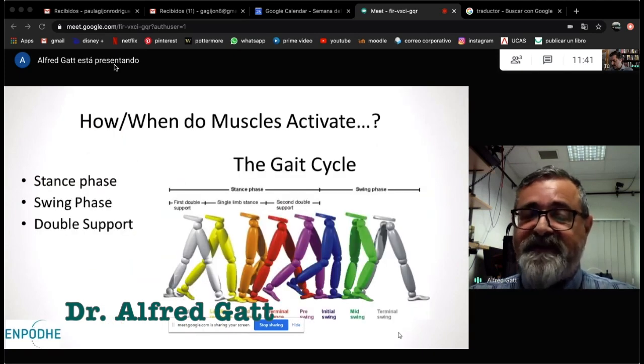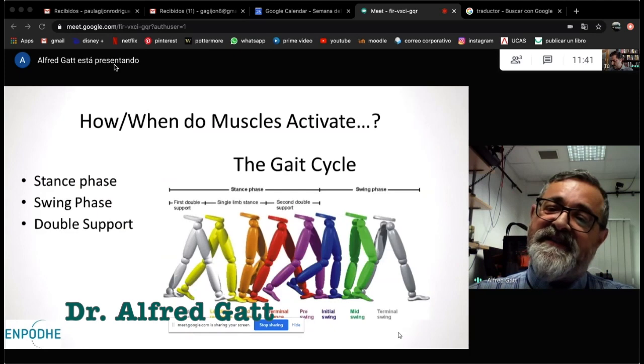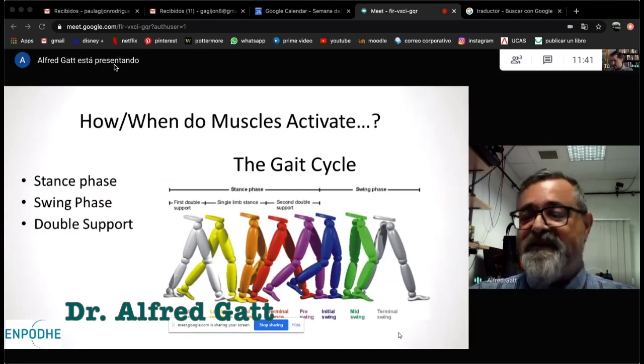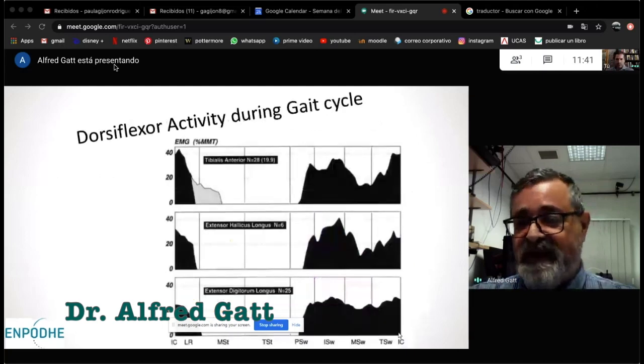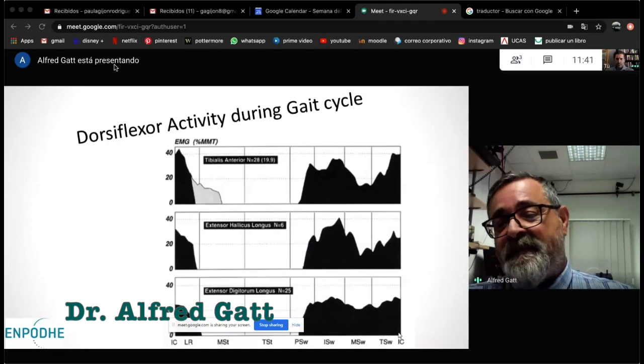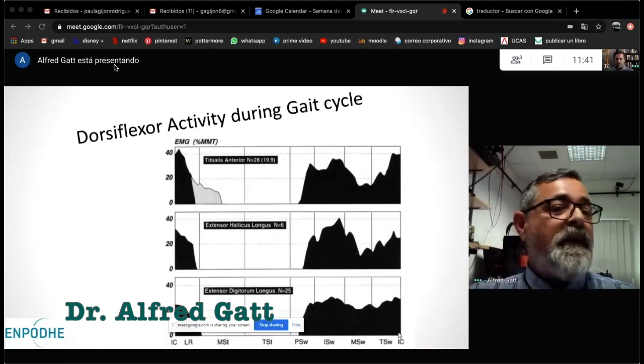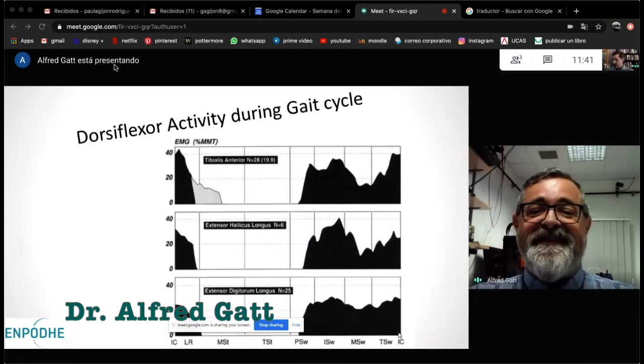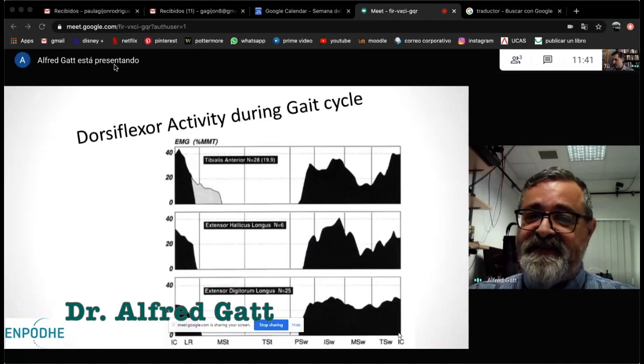So the important thing to note is to know when our muscles activate throughout the gait cycle. And if we look at this diagram by Perry, we're looking at the dorsiflexor muscles.